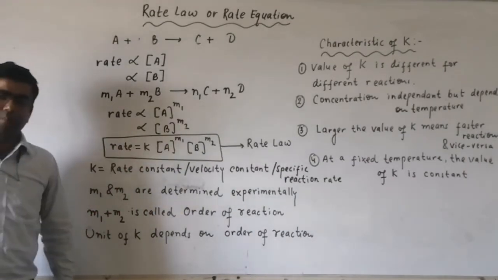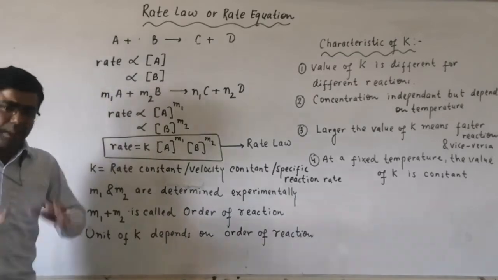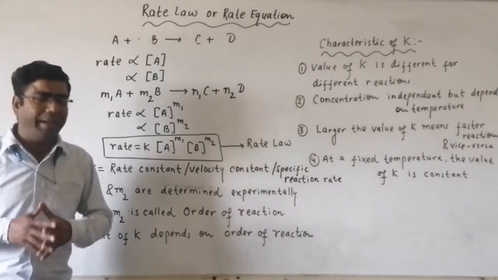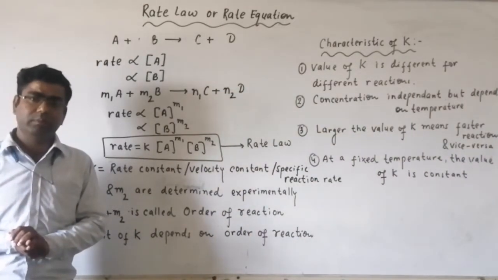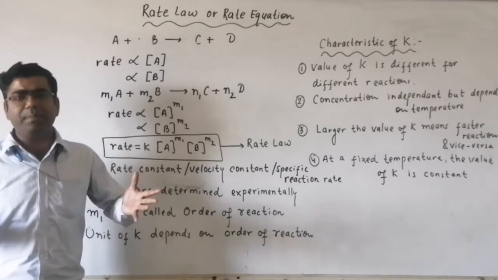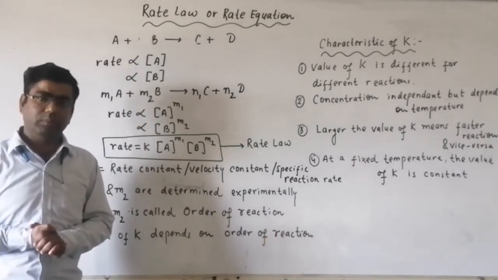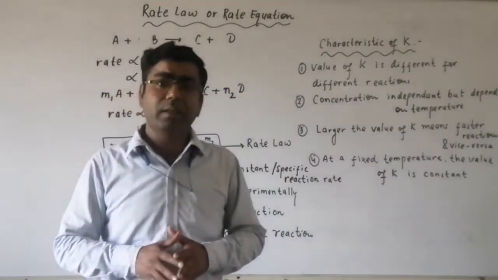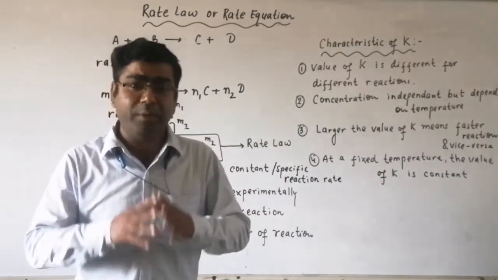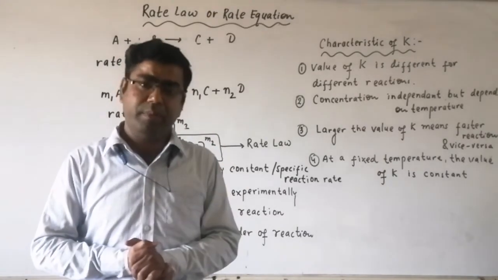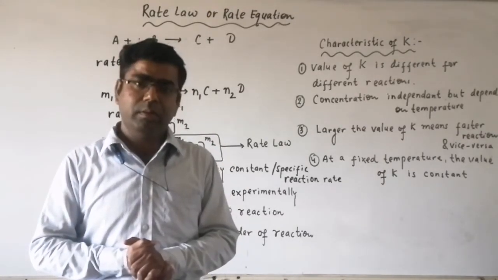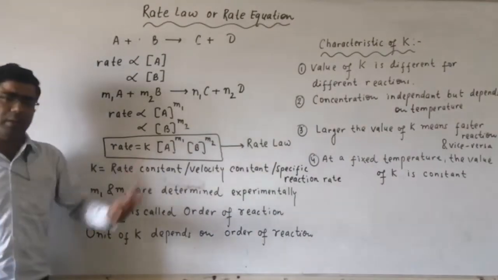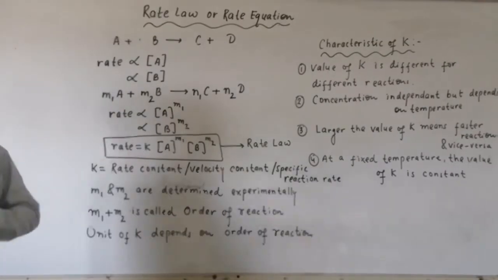M1 and M2 can be stoichiometric coefficient of the balanced chemical equation, or sometimes it is not. So M1 and M2 are not always the stoichiometric coefficient that we are getting from the balanced chemical equation, because value of M2 and M1 are determined experimentally.